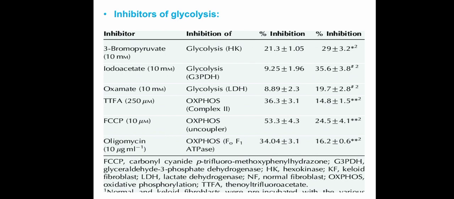These two inhibitors can bind covalently and alkylate the sulfhydryl group, the sulfur and hydrogen group, of the enzyme, thereby reducing or stopping the activity of the enzyme.